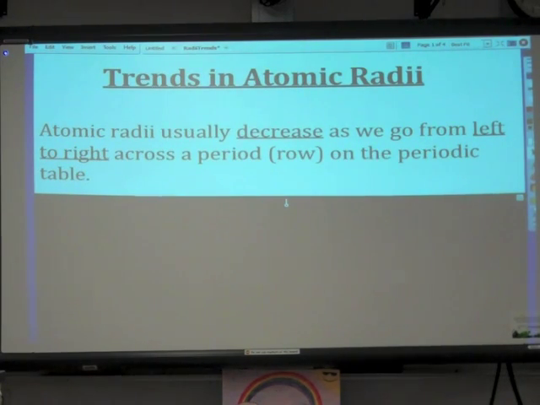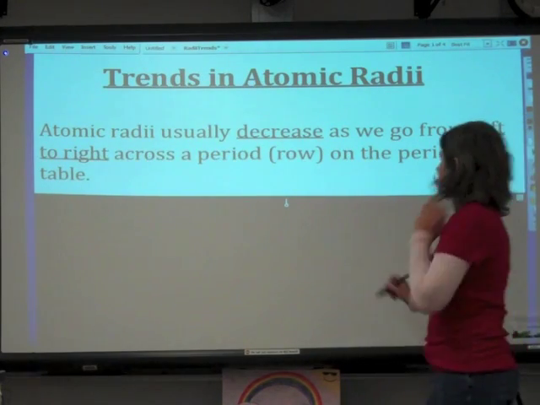Periodic meaning repeating patterns. And we call those things trends. So as we move from left to right, the radius of an atom decreases, which again is very counterintuitive. So why is that?